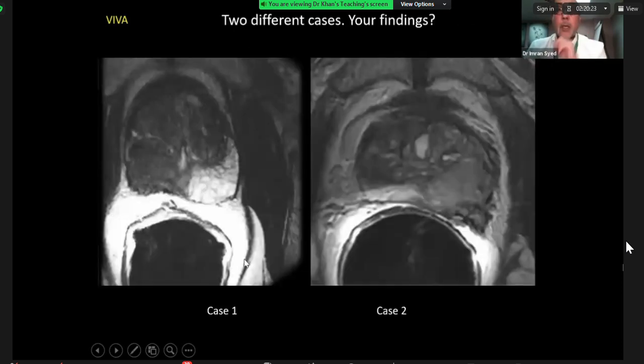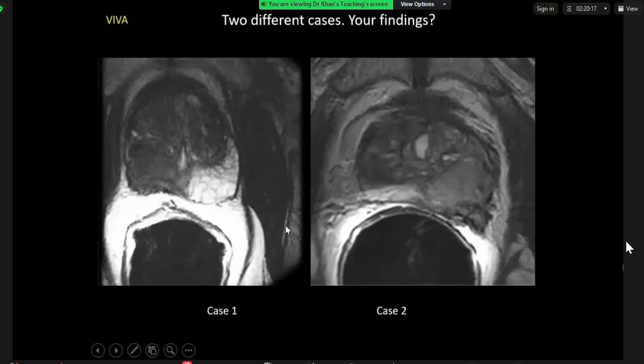Right. Another viva case, 2 different cases. What's your finding, please? Okay, so in case 1, there is an area of low signal occupying most of the right peripheral zone, which is asymmetrical when compared to the left, appears smaller.